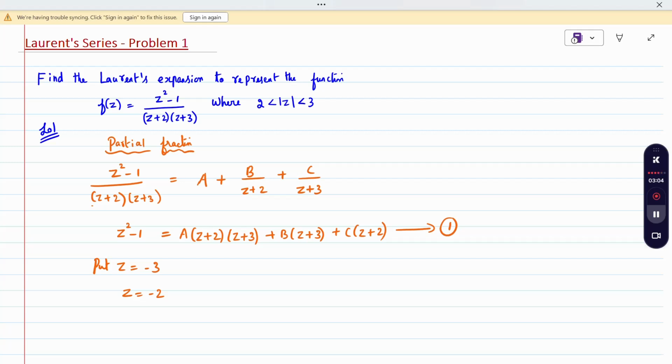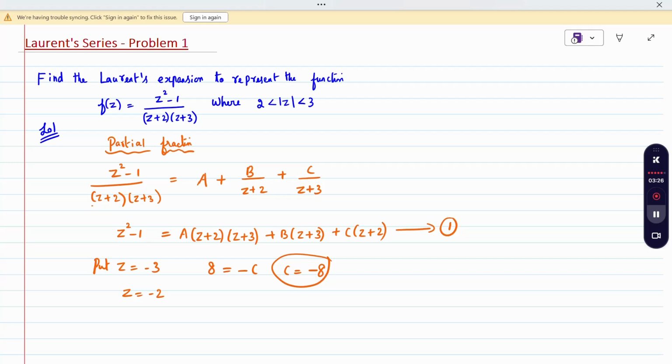When I put z equal to minus 3, minus 3 squared is 9, 9 minus 1 is 8. A will be cancelled, B will be cancelled, and only C remains: minus 3 plus 2 is minus 1, so minus C. So C is nothing but minus 8. I'm getting C to be minus 8.